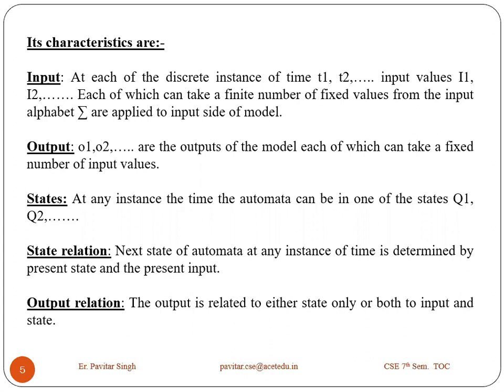Next, the fourth characteristic is state relation. So what does this mean? State relation means the next state of automata at any instance of time is determined by the present state and the present input.